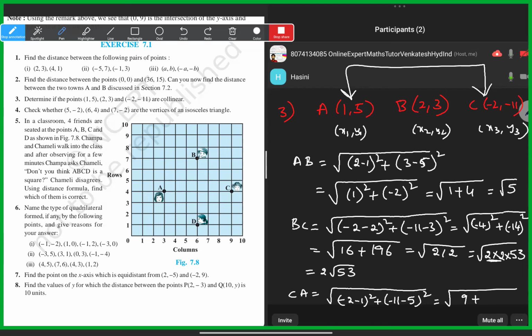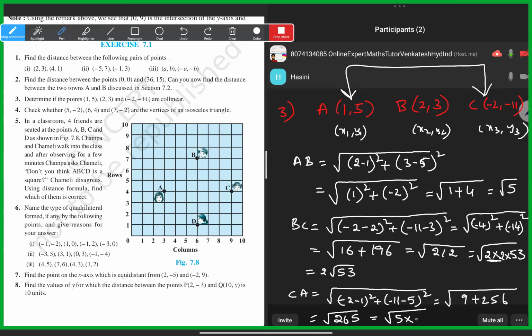Plus minus 11 minus 5 is minus 16 whole square, minus is plus, 256. So 256 plus 9 is 265, Hasni. If we simplify it also, we will get prime factorization as 5 into 53, Hasni.